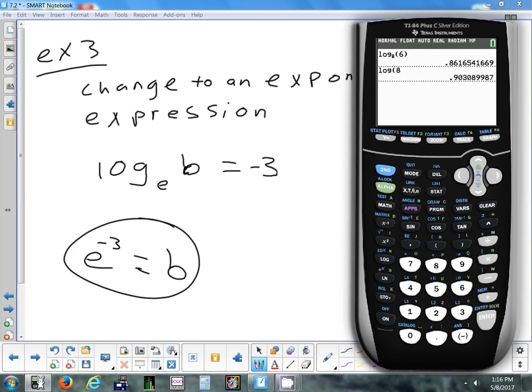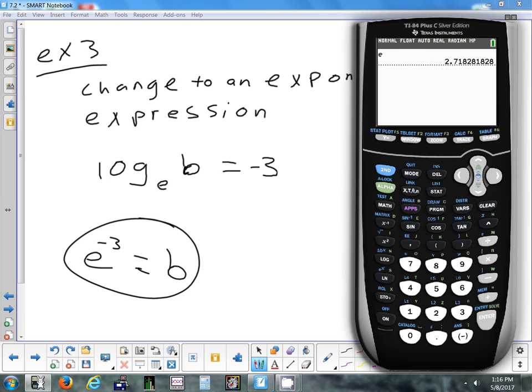If they wanted you to find the decimal, that is something you could plug in. Most calculators have the E button somewhere. Mine, I press second and then the division sign. And if I just hit enter, it'll show me what the number E is. It's 2.718. Looks like it keeps repeating, 1828, 1828, but after that, it's not 1828 again. It changes. I don't remember what it is, but it's not 1828.